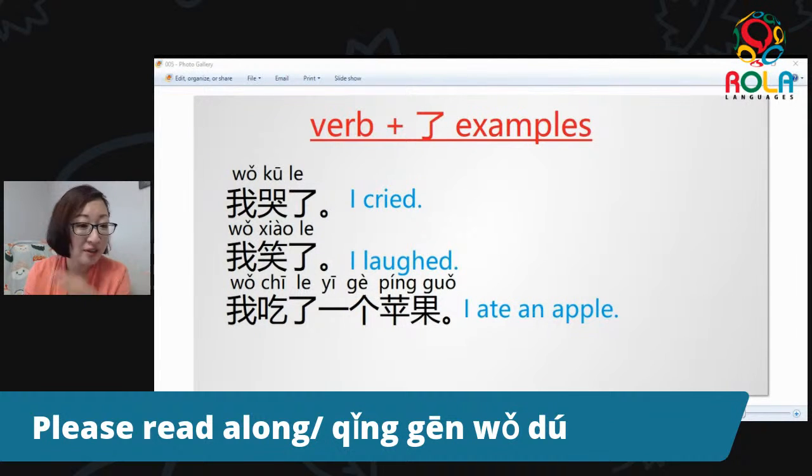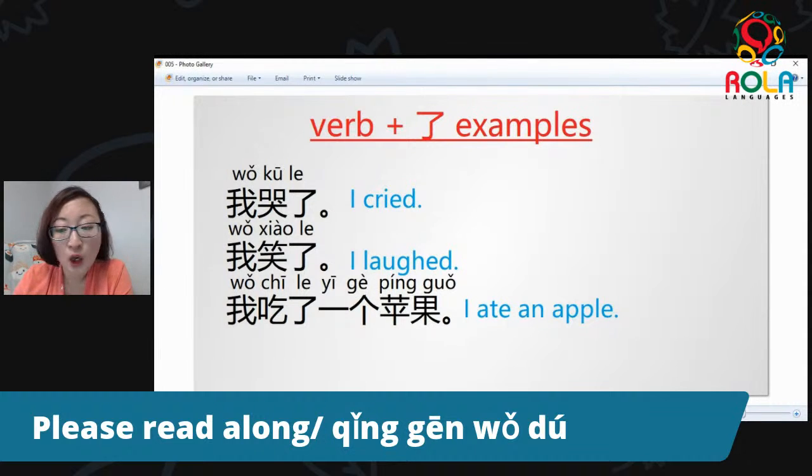I cried or I have cried. The next one, the same. 我笑了, I laughed. It means this action has already happened. And the last one, 我吃了一个苹果, means I already ate an apple, or I have eaten an apple. That means the eating apple part has already happened. Okay.